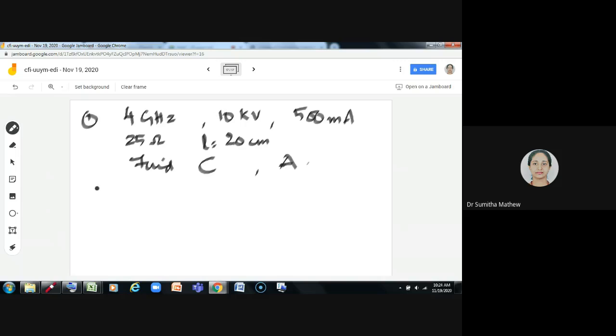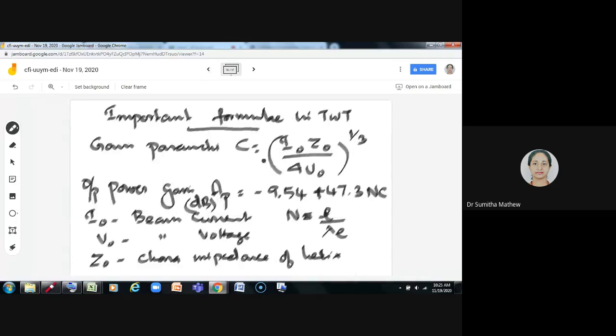So what can we calculate? We are asked to find out C and A, isn't it? So the C expression is I naught Z naught by 4 V naught. I naught you are given, 500 milliampere. Z naught also you are given, 25 ohm, by 4 V naught. V naught is also given, 10 kilovolt, isn't it?